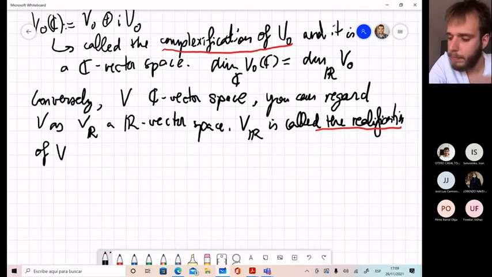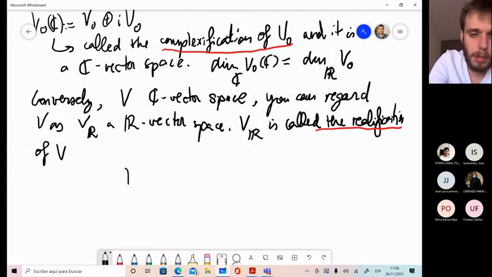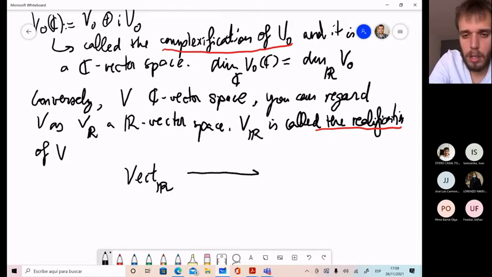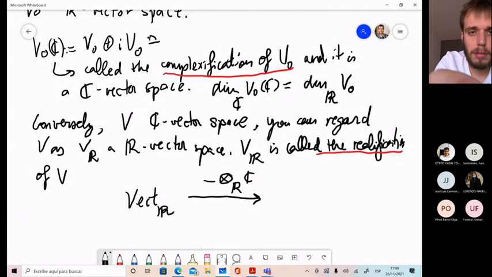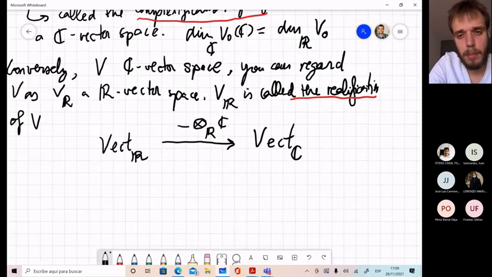So what you have here is just two operations. If you start from the vector spaces over the real numbers, you can do the complexification. You can write this also as a tensor product, and you get a complex vector space.